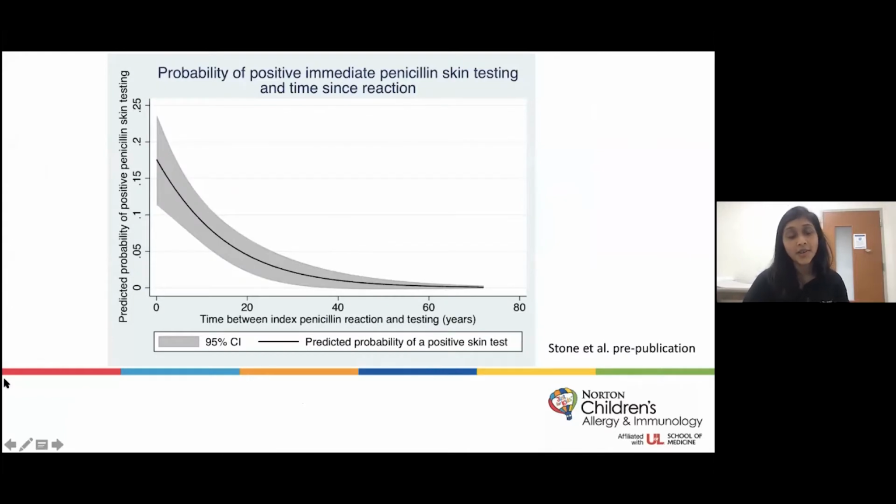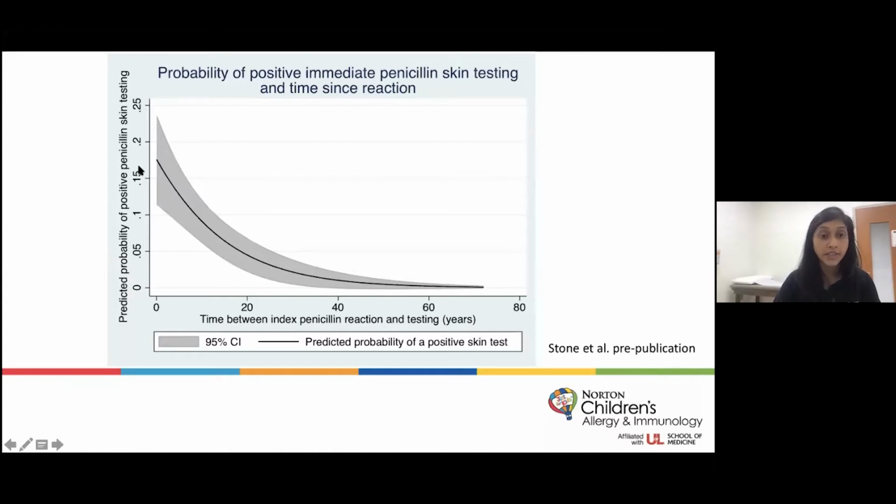So this is a chart that I show families that are resistant to testing or delabeling, resistant to oral challenges. I basically show them this chart and say, this x-axis shows the time between the reaction and the testing.